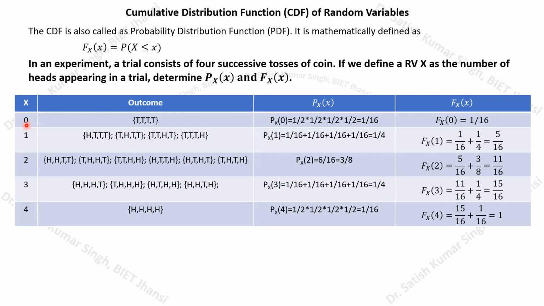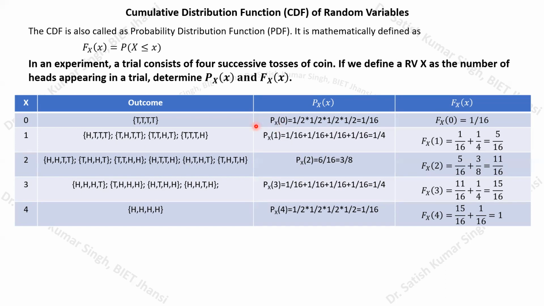So here I can calculate the probability of getting the number of heads equal to 0. This is your random variable X that denotes the number of heads coming in the successive tossing of the coin, and when it is equal to 0, we have to calculate the probability.